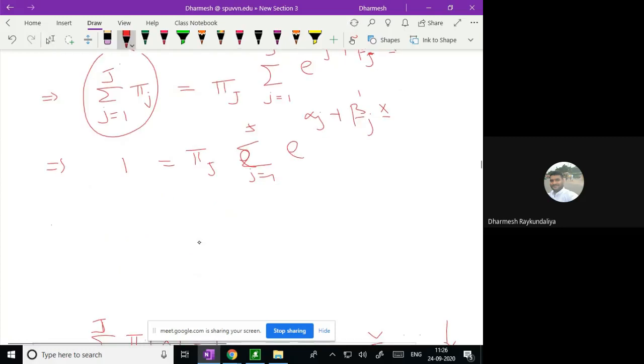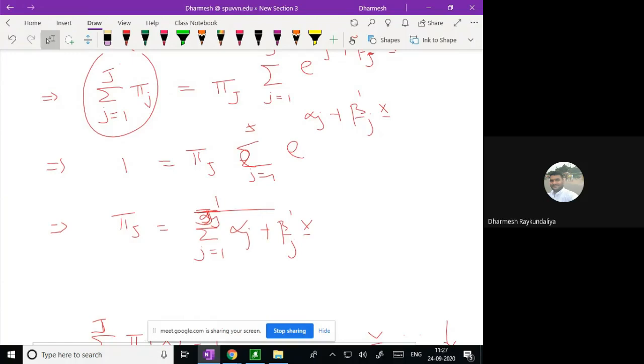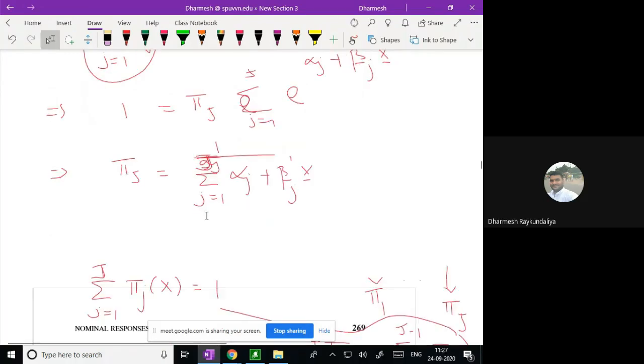So what is capital pi J? Therefore, capital pi J is equal to 1 upon the summation j equal to 1 to capital J of e raised to alpha j plus beta j dash x.